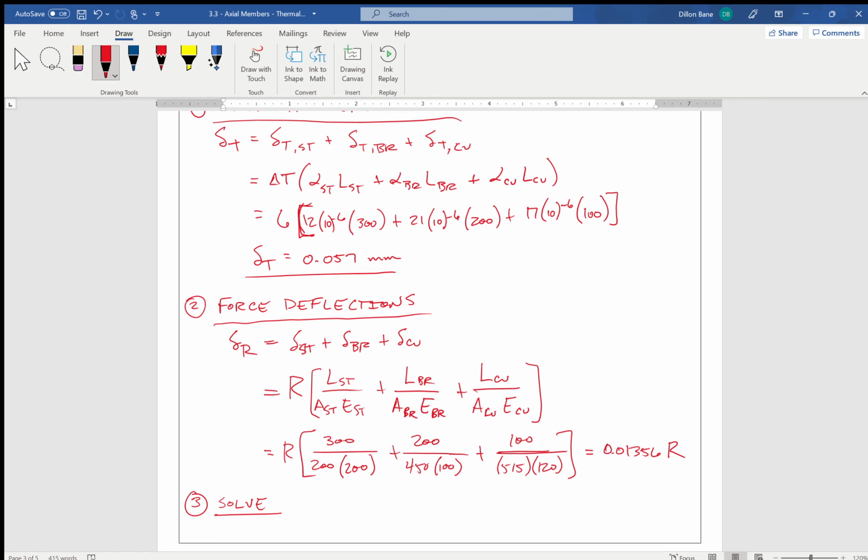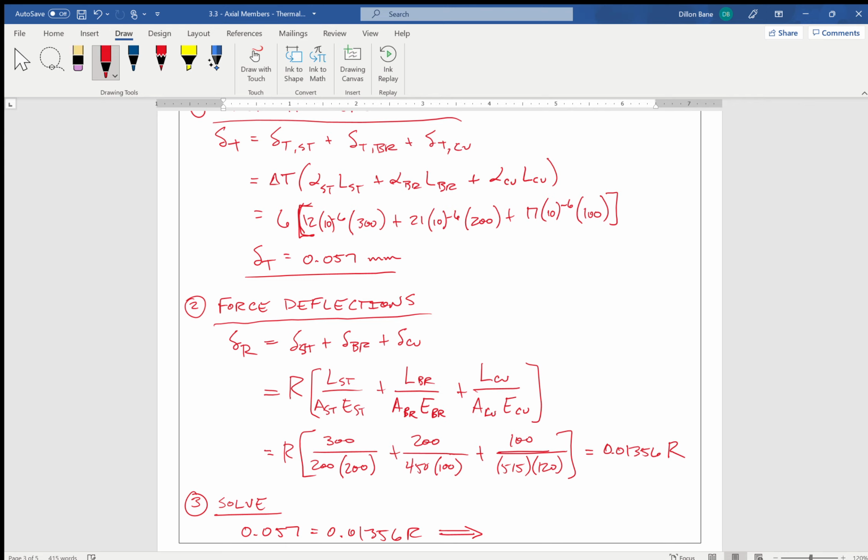We know those two deflections need to be the same. How much force is needed to compress this rod assembly back down to where the deflected length is the original length? So we just set them equal to each other. So we say 0.057 millimeters is equal to 0.01356 R.